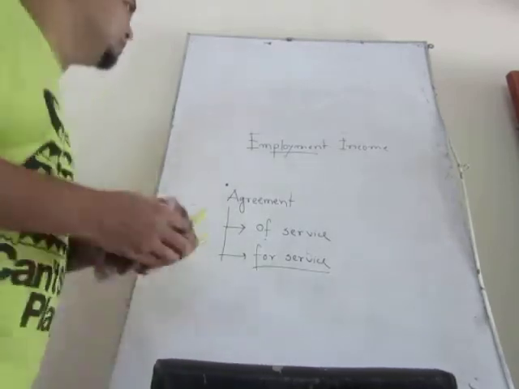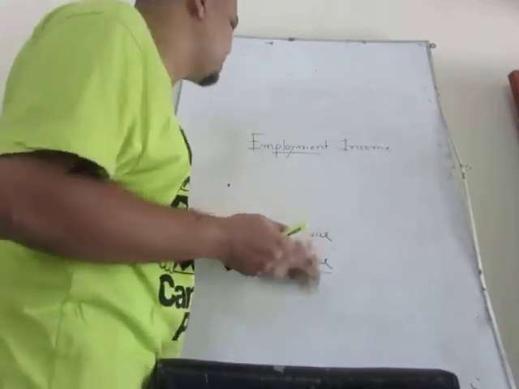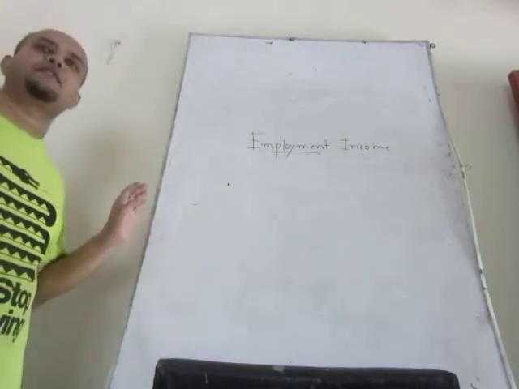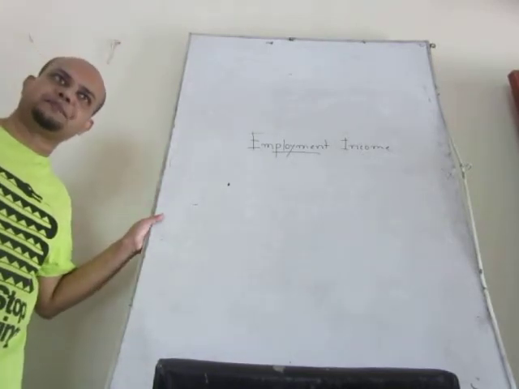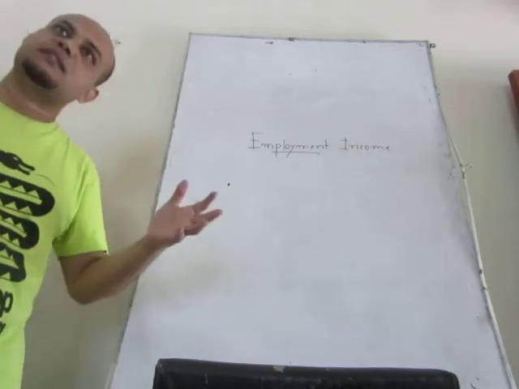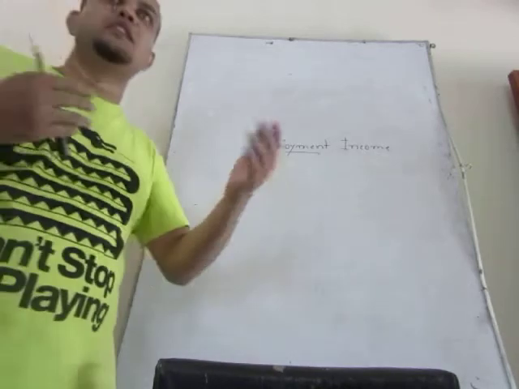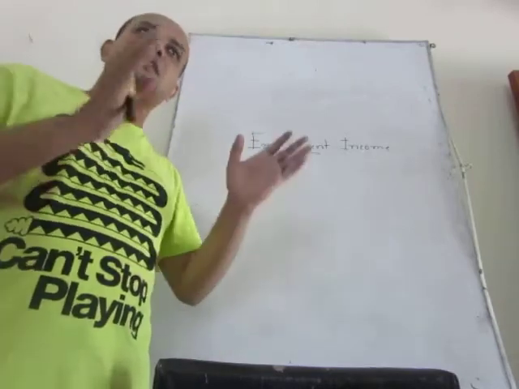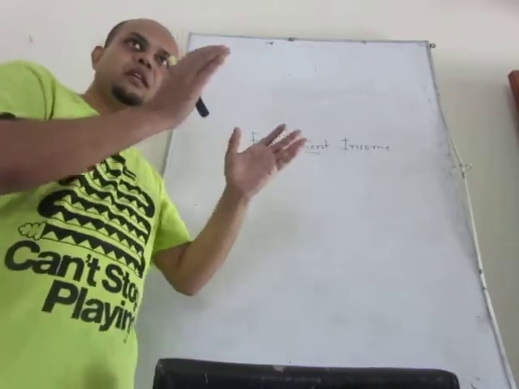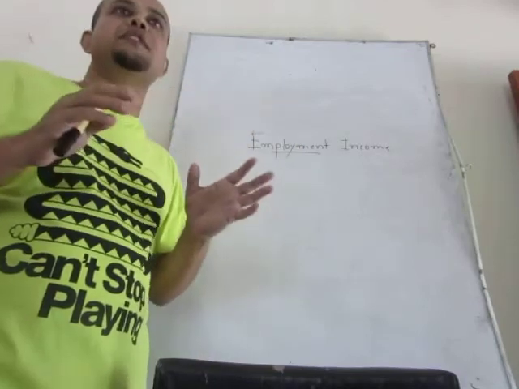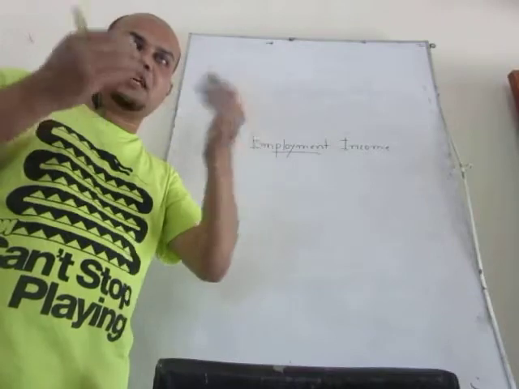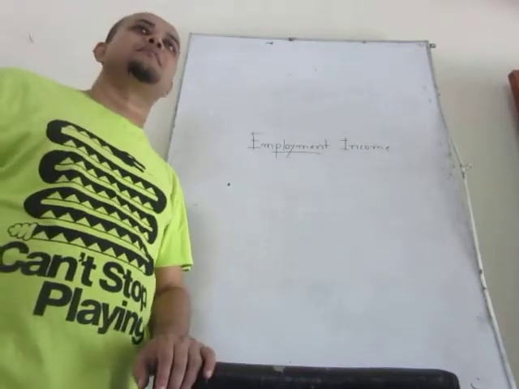Now, the important note is, through the agreement we can find out who is self-employed or who is employed. But in several cases, there may not be any kind of agreement. But there are some facts, some activities through which we can infer an employee-employer relationship between people.